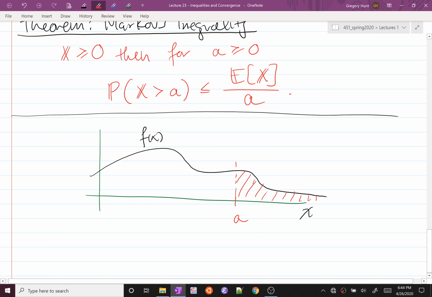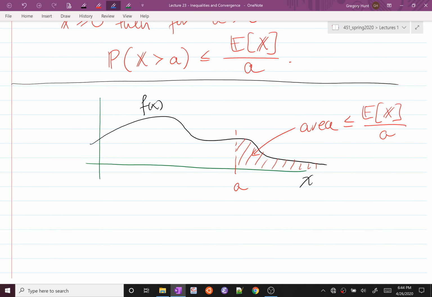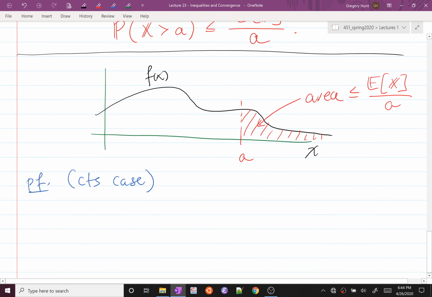This area is less than or equal to the expected value of X divided by a. It's actually not too bad to prove this theorem, and so we're going to look at a quick proof in the continuous case.